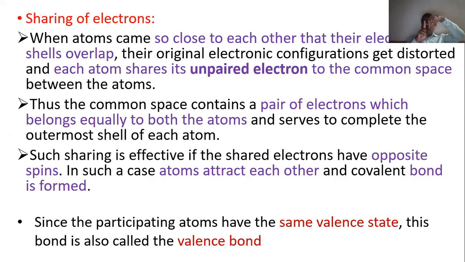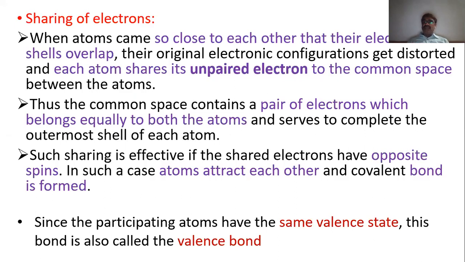If it is possible to observe my fingers, you will find the opposite spins. If they have opposite spins, then and only then is there a strong possibility of formation of the bond. So this is totally the sharing of electrons.